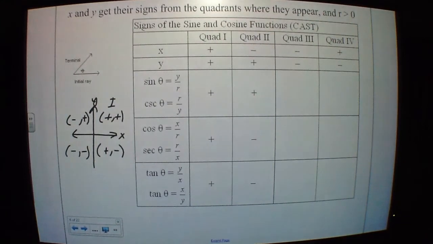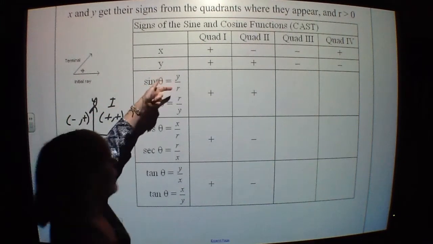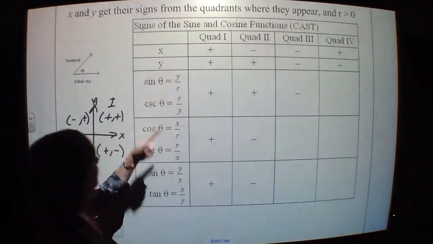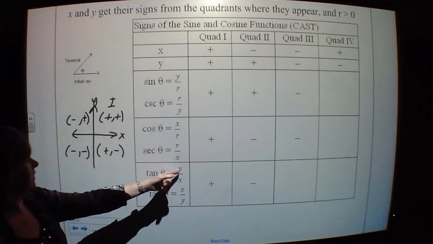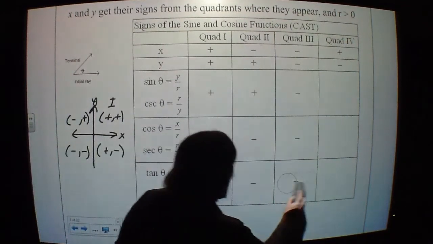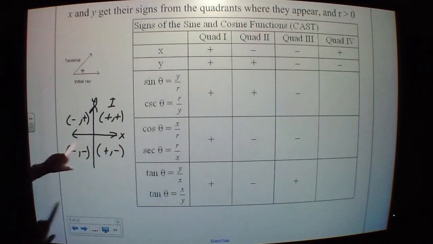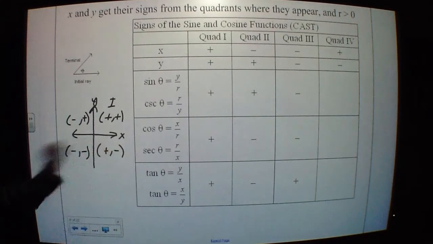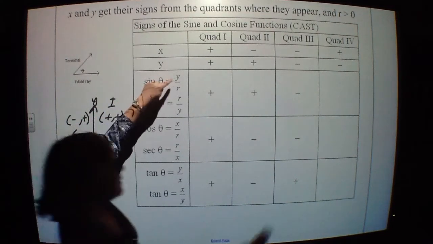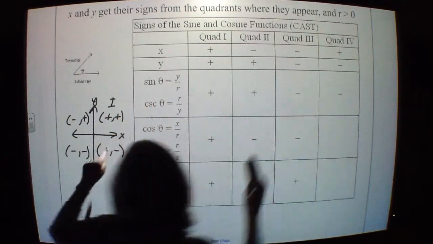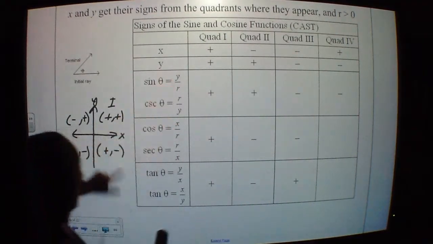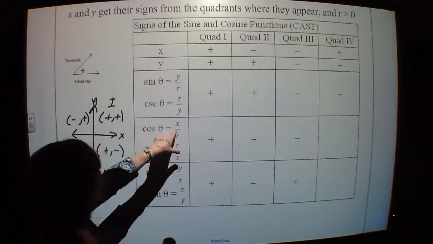In quadrant 3, x and y are both negative, so I'll have a negative over a positive, gives me a negative. Here I'll have a negative over a positive, which gives me a negative. And here I'll have a negative over a negative, which gives me positive. And in the fourth quadrant, x is positive, y is negative. So I will have a positive here. I'm sorry, x is positive. I'll have a negative here because y is negative. Here I'll have a positive.